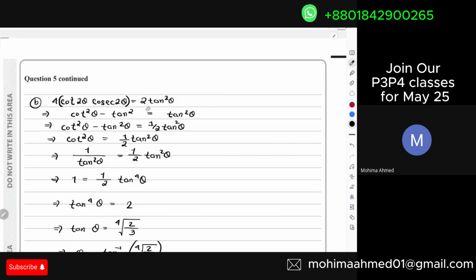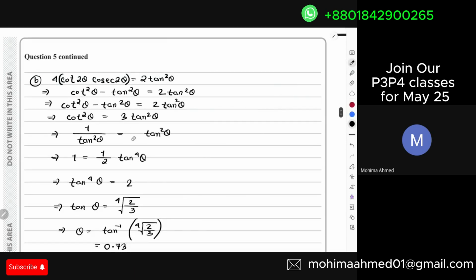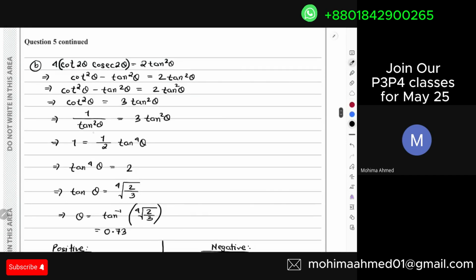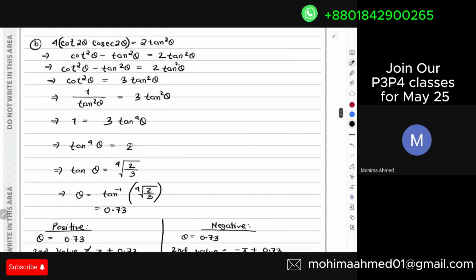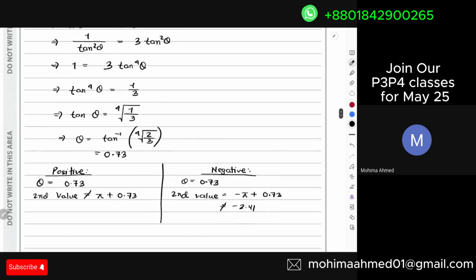It was entirely your cosec square theta and cot square theta and tan square theta. In that case, if you take this to the other hand side, this one and this 2 tan square theta, they're going to add together and we're supposed to get 3 over here. So all this time you had 3 and then you have 3 here, so you're supposed to get 1 over 3. Yeah, sorry, I made a mistake. This was 1 over 3.